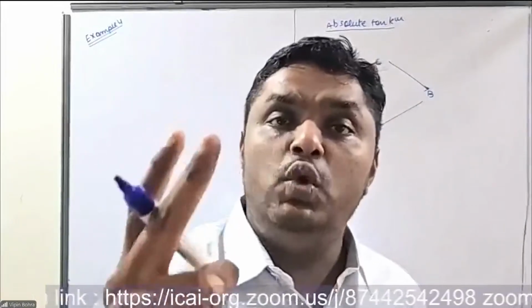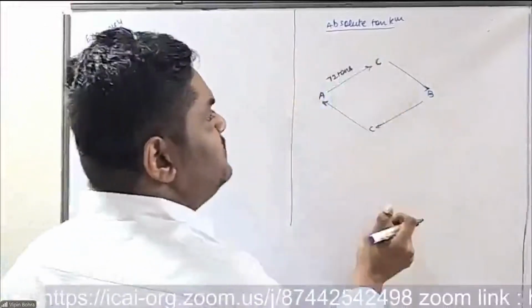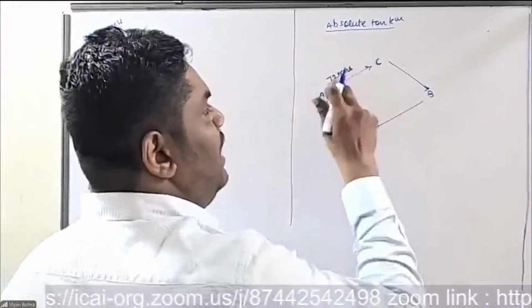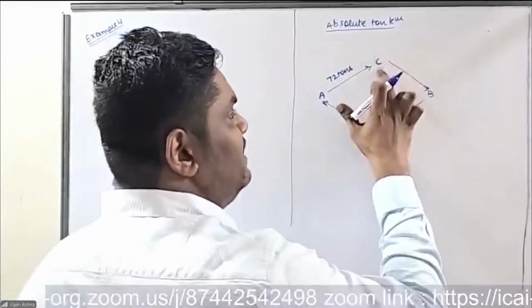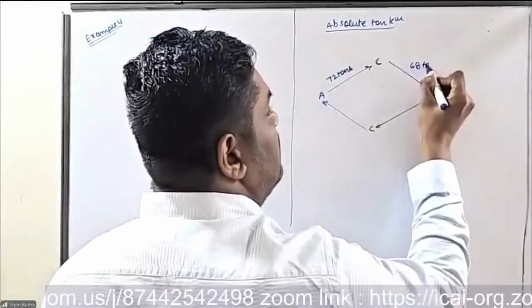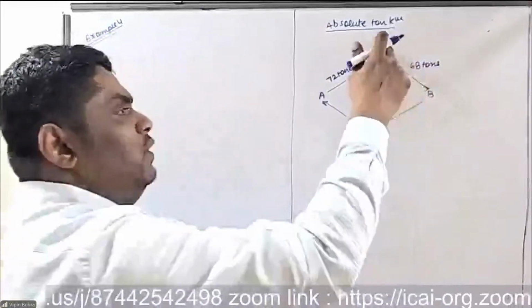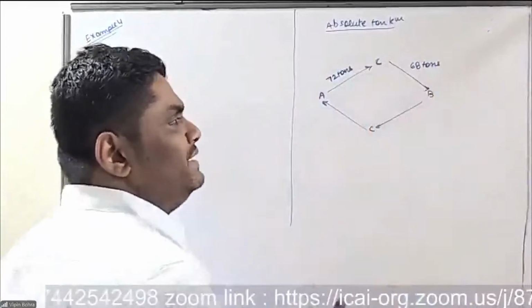Out of this, 2 tons were unloaded twice at city C. It means 4 tons were unloaded at city C. So out of 72, 4 were unloaded at city C. So the tons traveled from C to B is only 68 tons.